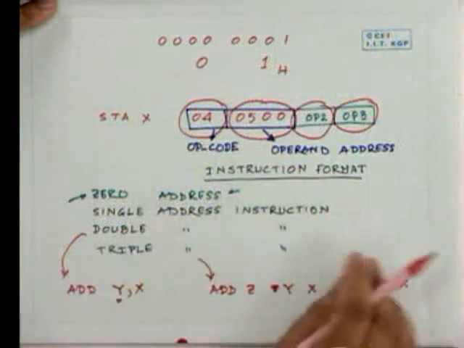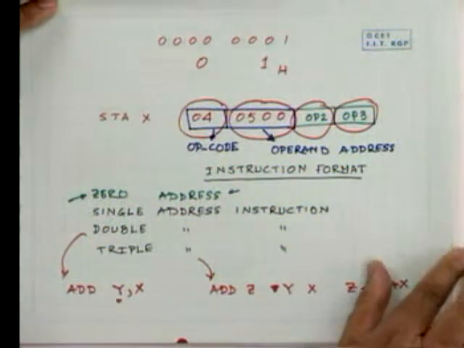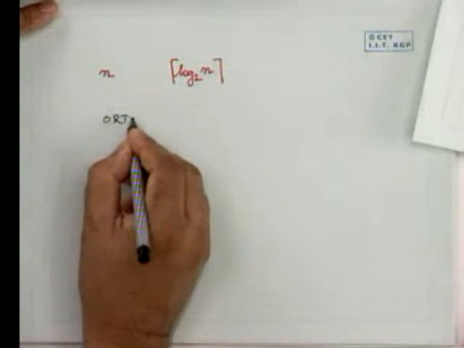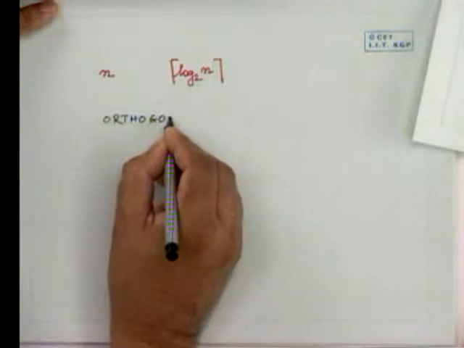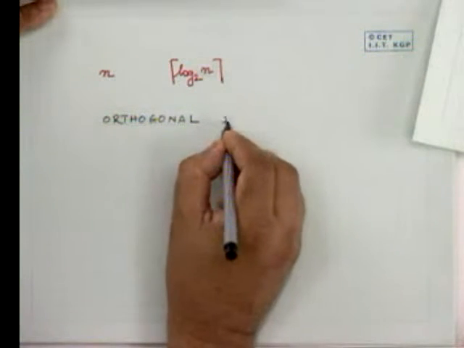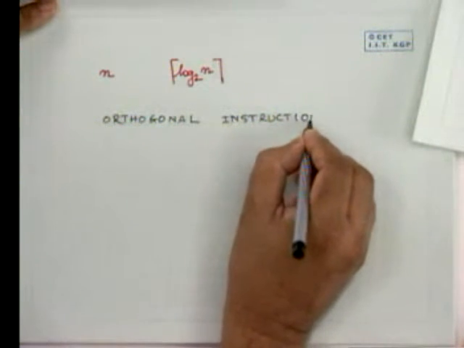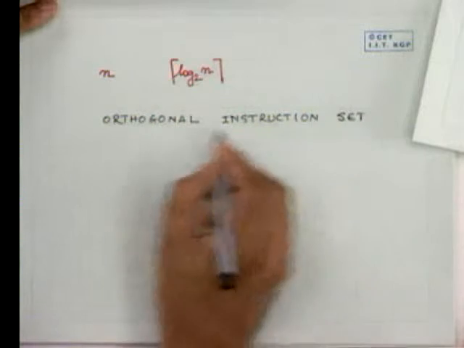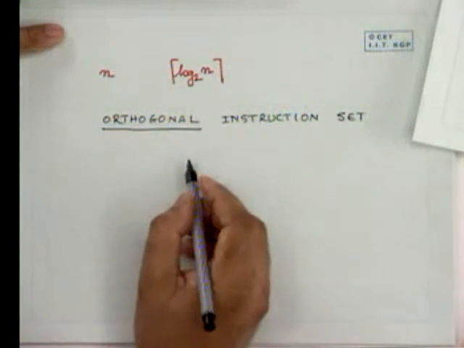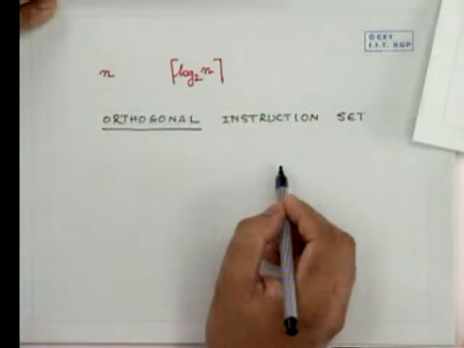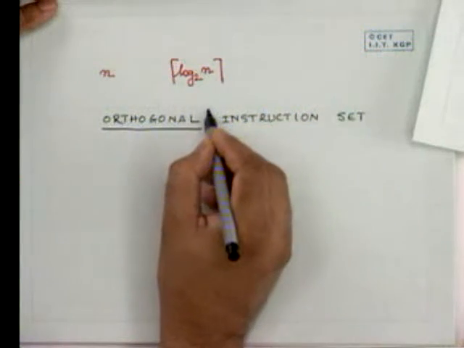In such a case, we call it an orthogonal instruction set. As I said, in an orthogonal instruction set, the way of specifying the addresses of the operands is independent of the opcode. For any opcode you can use any kind of operands. In that case we call it an orthogonal one.